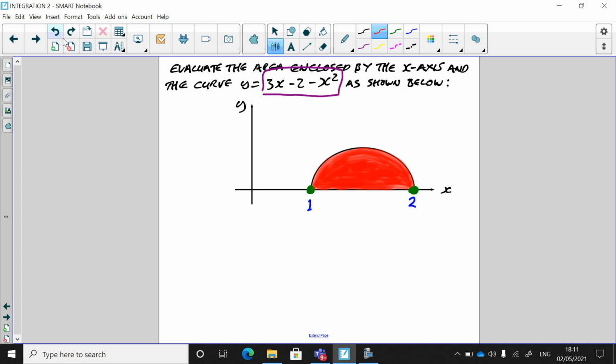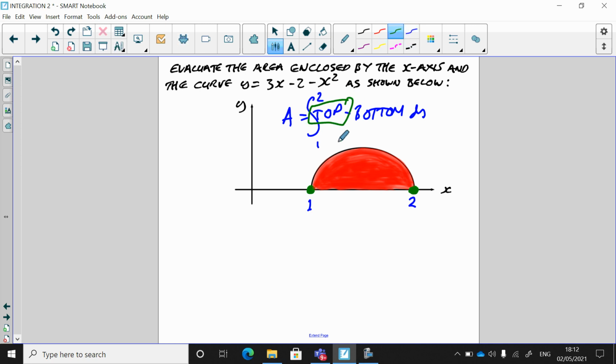As in the previous lesson, we approach the area between the curve and the axis as top minus bottom, in relation to x. So we're going from A to B. For us here, we can see what A to B is. They've actually given it to us as 1 to 2.